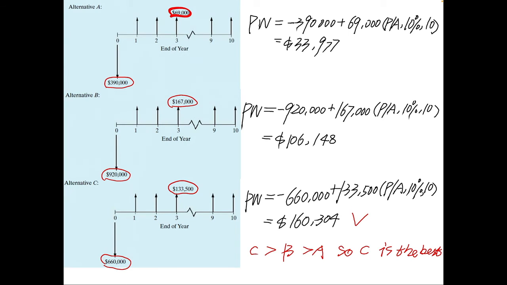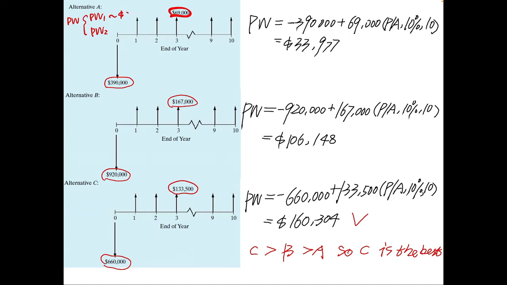Well, I just want to convert every cash flow to the present worth so that I can compare which present worth is bigger. And because in these cash flows we have negative ones and positive ones, these are investment alternatives. Which means in the end, all the present worth will be positive, and you just choose the biggest one. So for example, for alternative A, the present worth has 2 parts, PW1 and PW2.